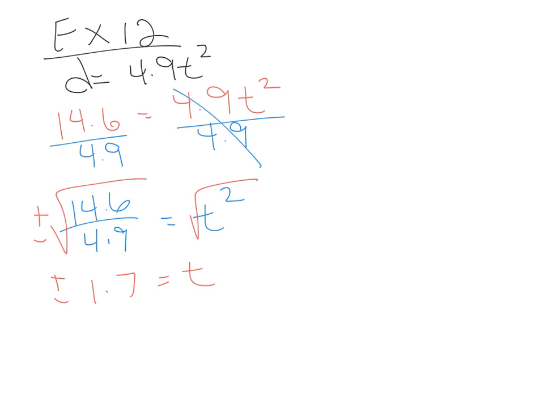How long does it take the object to hit the ground? Remember, time can't be negative, so we'll reject the negative solution. And we could round this to the nearest whole number if we wanted. The directions actually don't tell us to round it to the nearest whole number, so I'm going to leave it as t equals 1.7 seconds.